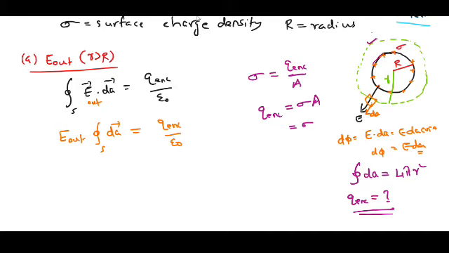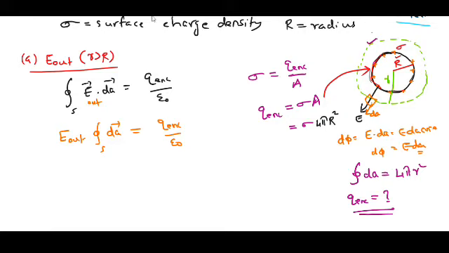If you look at this figure, the area is nothing but the area of the spherical shell of radius capital R. Therefore this is sigma into the area of this spherical surface, that is 4 pi R square. Be careful, it is capital R square, because the charge is contained in the spherical shell whose radius is capital R.